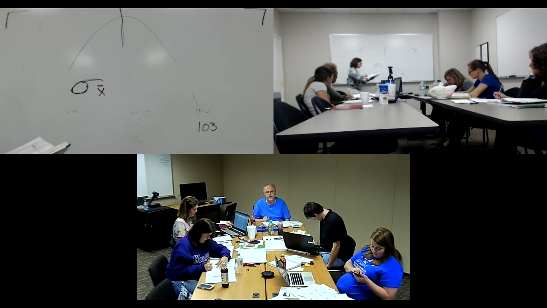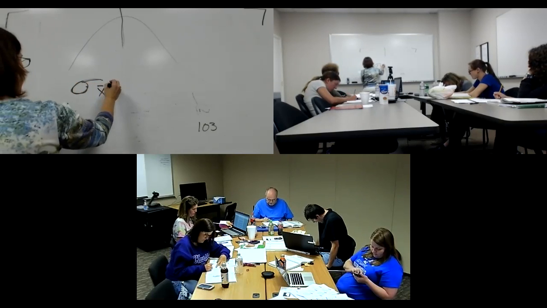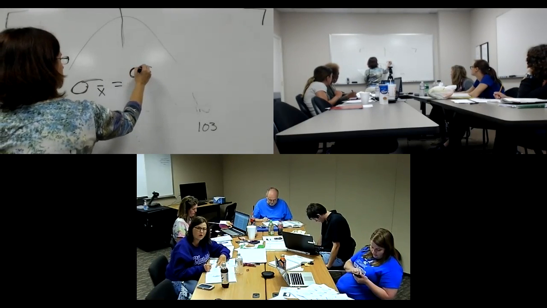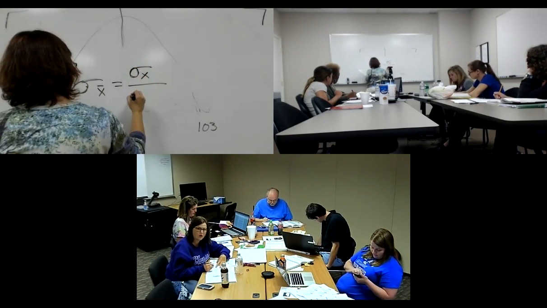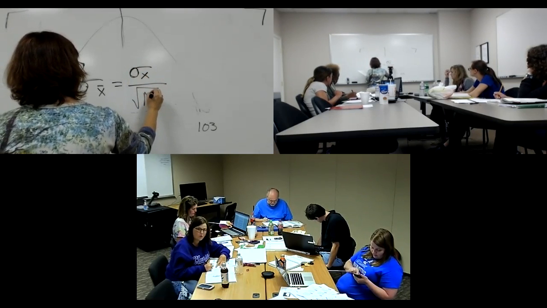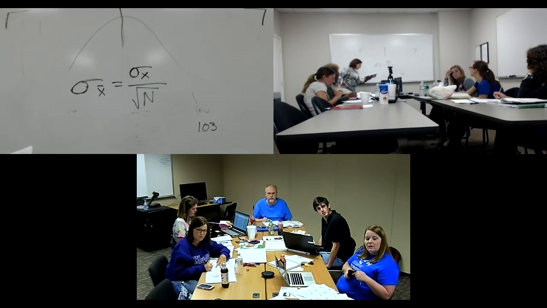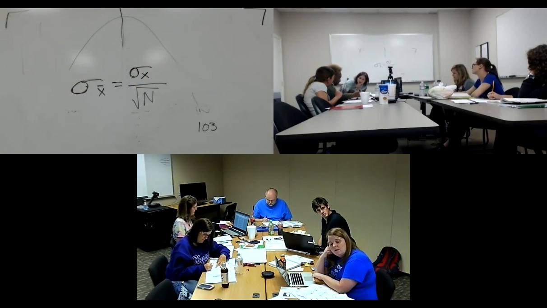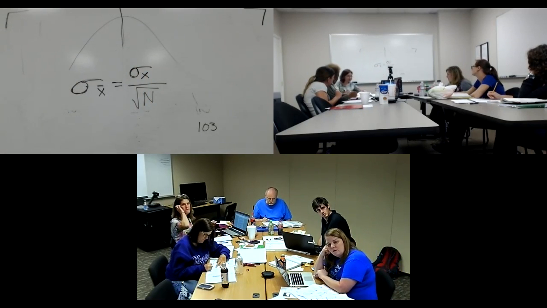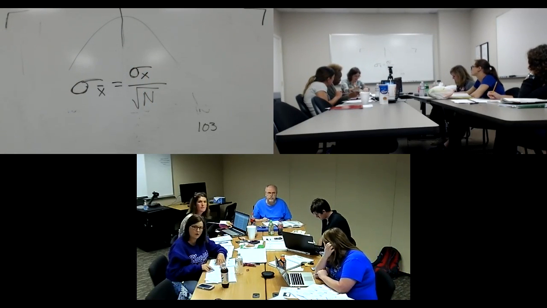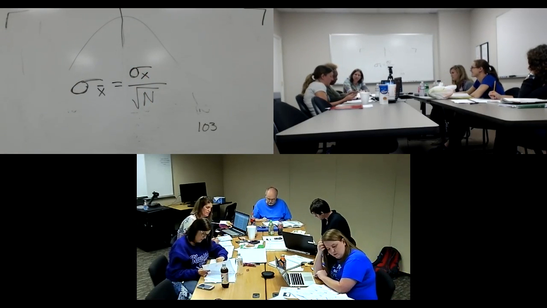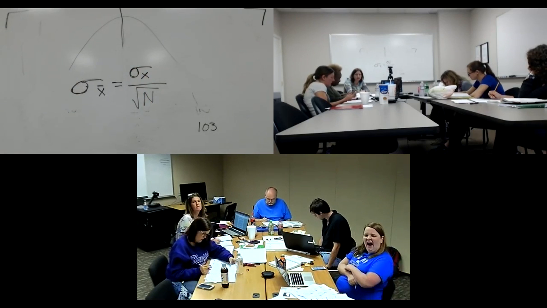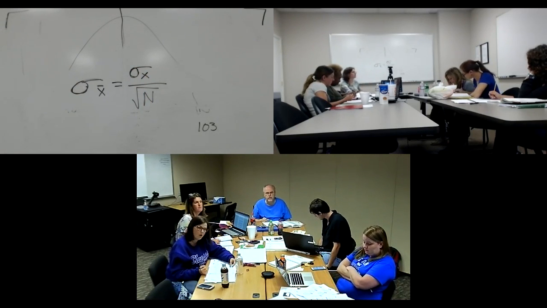Okay. And then your formula for that. What does that mean up there on top? Okay, so that up there on the top is going to be the standard deviation divided by the square root of n.